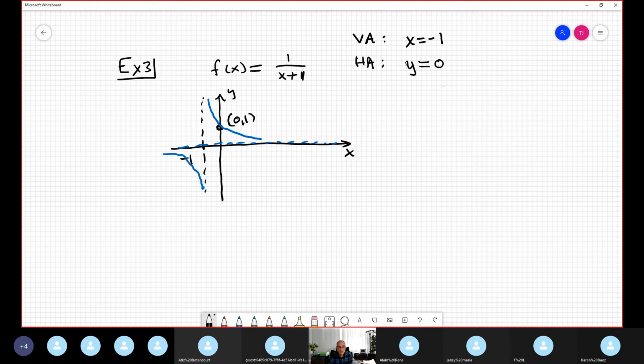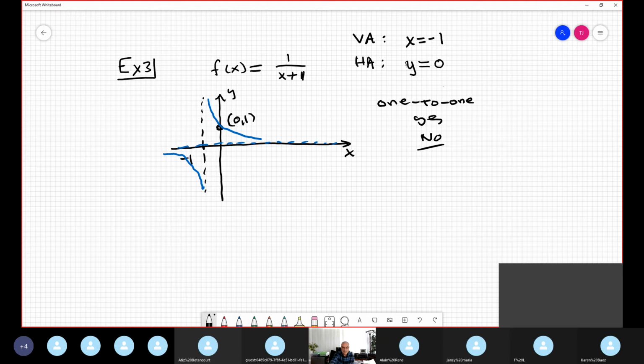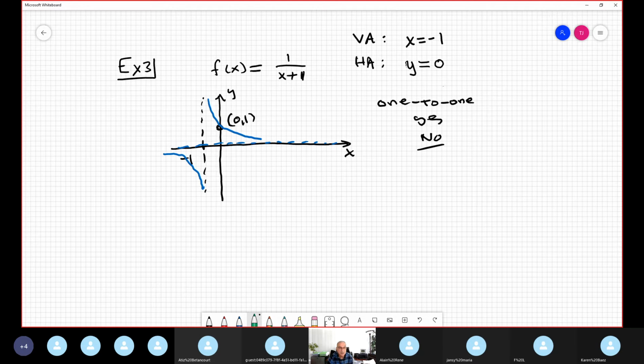So now, the first step is to determine if it is 1 to 1 or not. What do you think? 1 to 1, yes or no? Yes, because it passes perfectly the horizontal line test. 1 point.